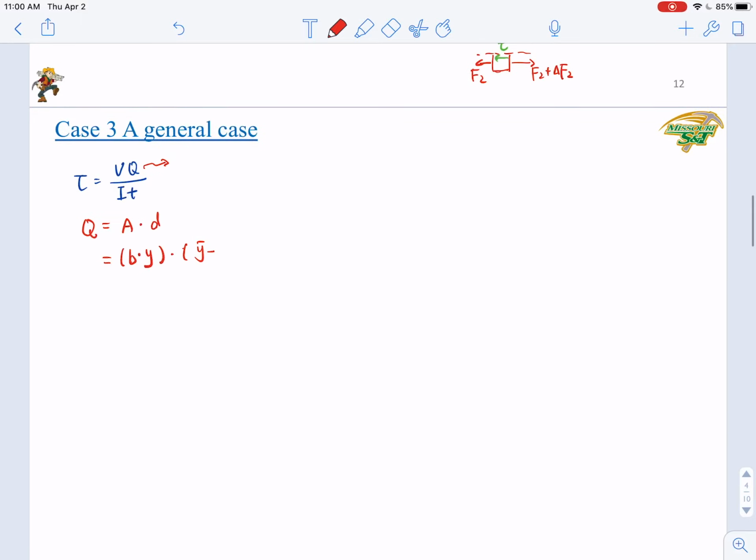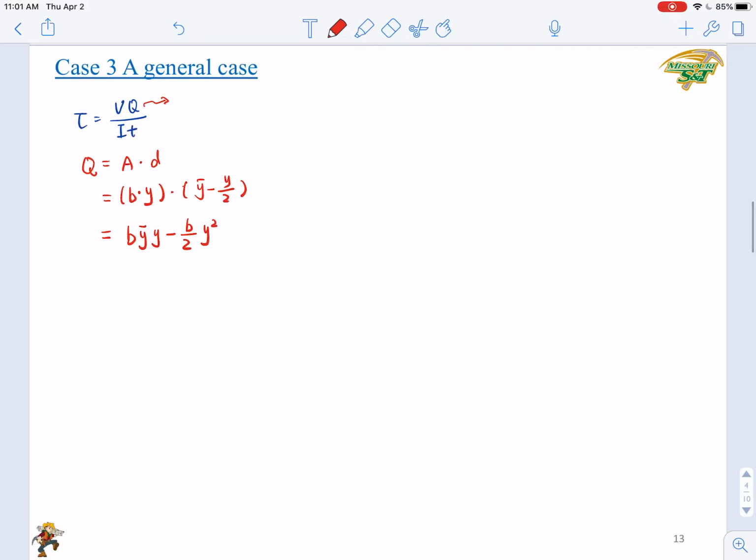So here is the Y bar minus Y over 2. You rearrange it, you will get B Y bar by Y minus B over 2 Y squared. Okay.